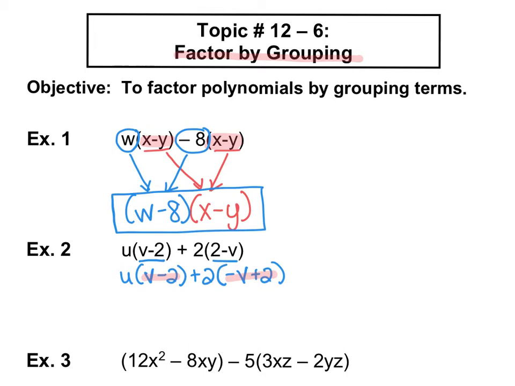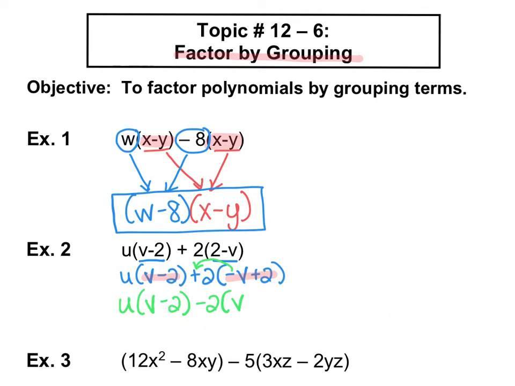So what needs to happen in order to make these identical is we need to factor out a negative in that second group. One thing that you need to remember though, if you're going to pull out a negative, you have to pull it from both terms. So I'm going to pull out a negative here, and that's going to make a positive v.